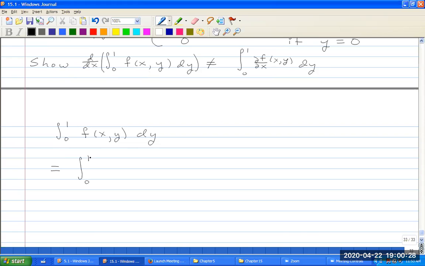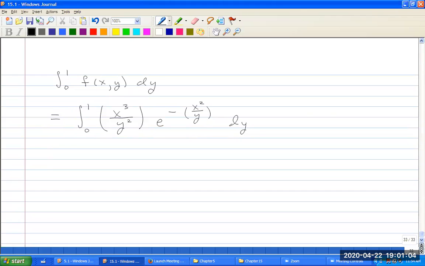from 0 to 1 of x cubed over y squared e to the negative x squared over y dy. So let's look at this first, and then after I've simplified this, I'll differentiate it.